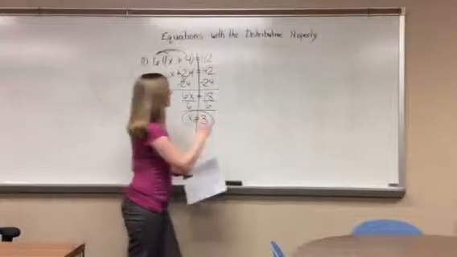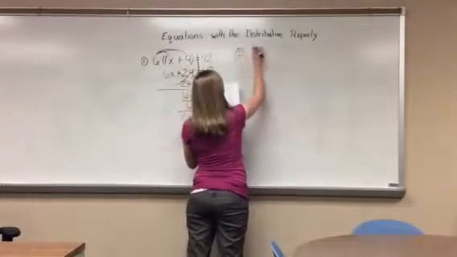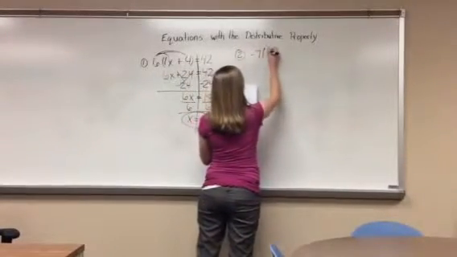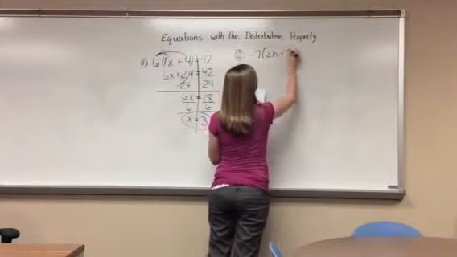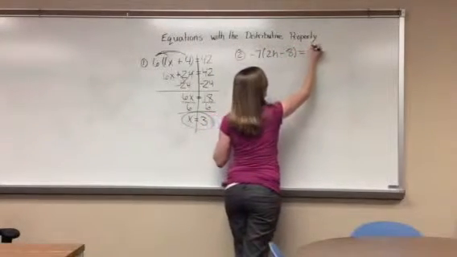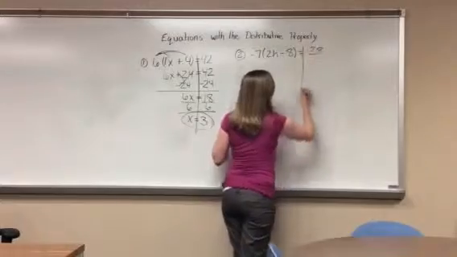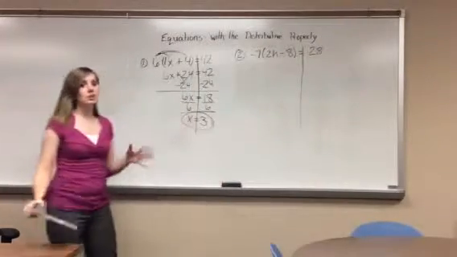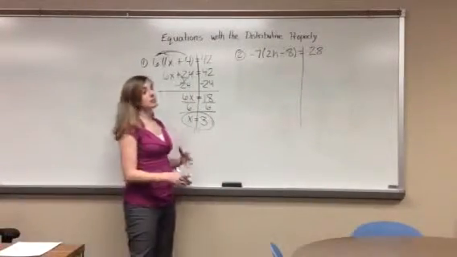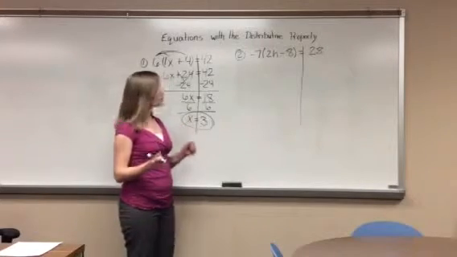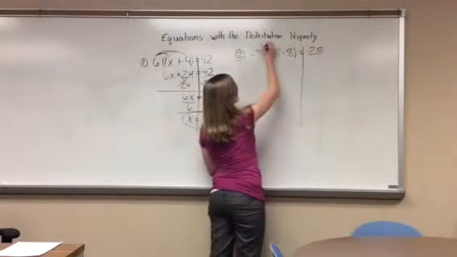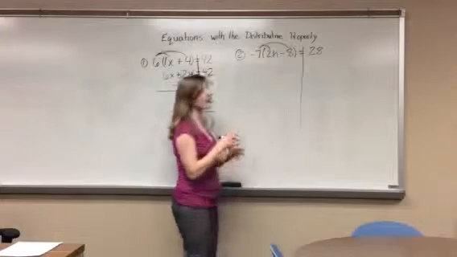All right, for problem number 2, we have negative 7 times the quantity 2h minus 8 equals 28. So to solve this equation, we don't want the parentheses there, so we're going to use the distributive property. Remember, multiply both terms inside the parentheses by the negative 7.